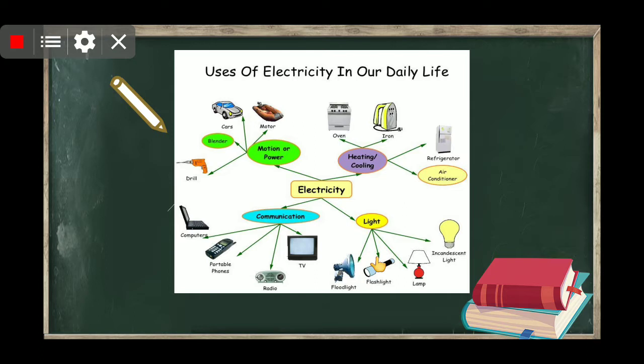So students, as you can see in the picture, nowadays so many electrical appliances have come into the market, which has reduced human labor. In ancient times, your grandparents will tell you, they used to grind the masalas and whatever they needed manually on the mortar and pestle.